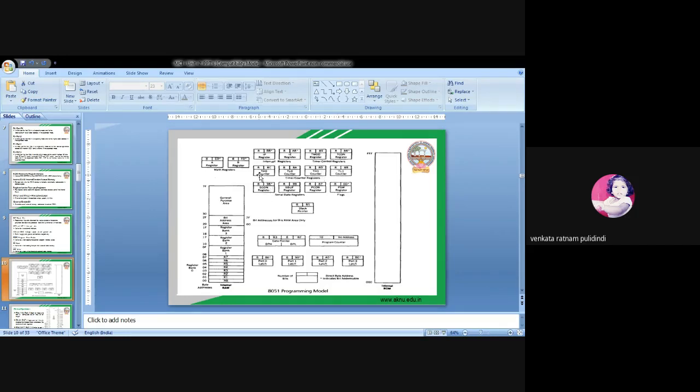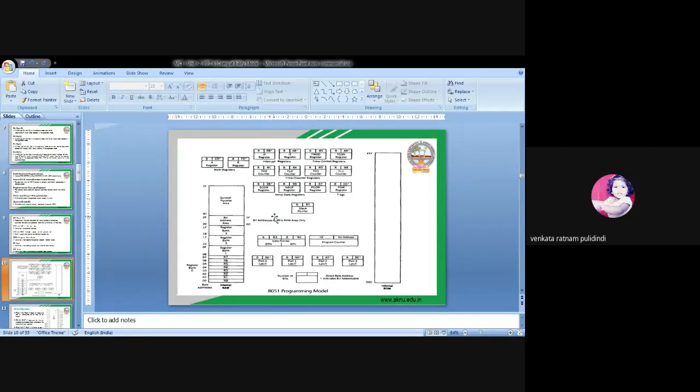Similarly, SCON is there. SCON is the serial data control register, or serial communication control register. It is also 8-bit, and here is the direct address byte. Then SBUF, PCON, and in this diagram we indicate the address bytes and sizes of each register.